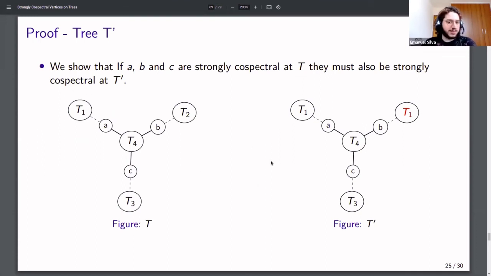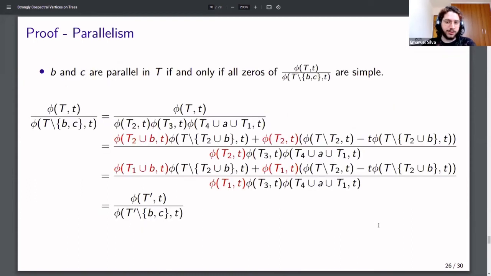So let's go now to the proof. So basically what I need to show is that if B and C are strongly cospectral at T, they cannot be strongly cospectral at T prime. And that's exactly what I'm going to do. So first, let's show that if B and C are parallel at T, they cannot be parallel at T prime. The two vertices are parallel if and only if the zeros of this rational function are simple.